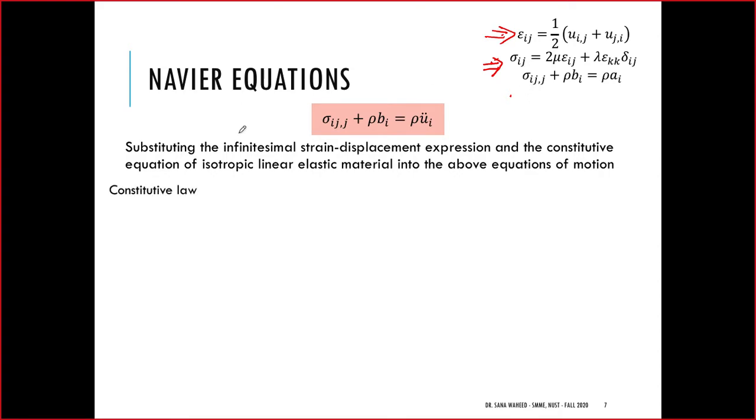That is, I take my equation of motion, and I substitute in here my constitutive law. That is, for this sigma, I pop in my constitutive law, my Hooke's law for my linear elastic isotropic material.